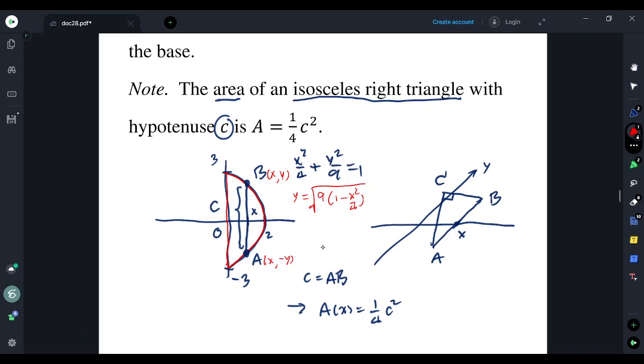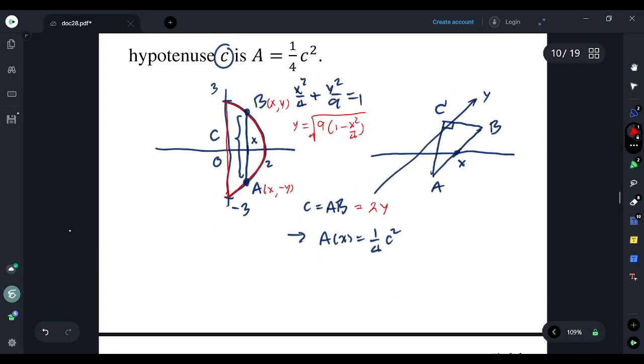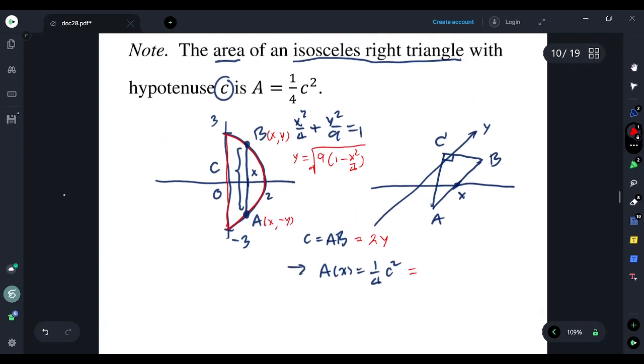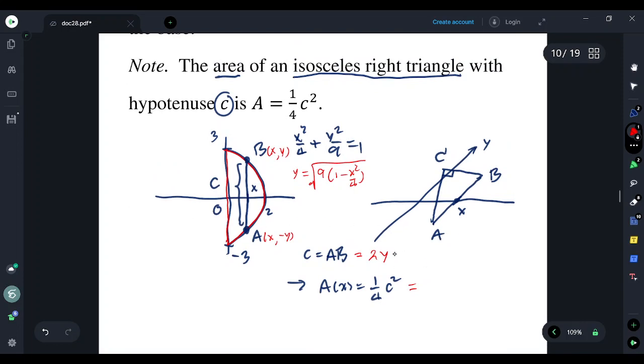So this is the y, and C equal to AB is just 2y. So sorry, the area is going to be just y squared, right? Which is 9 times 1 minus x squared over 4.